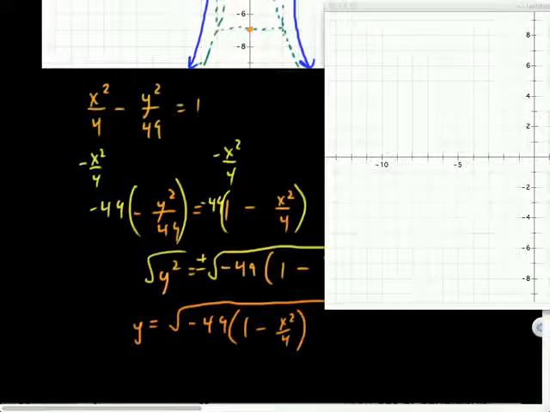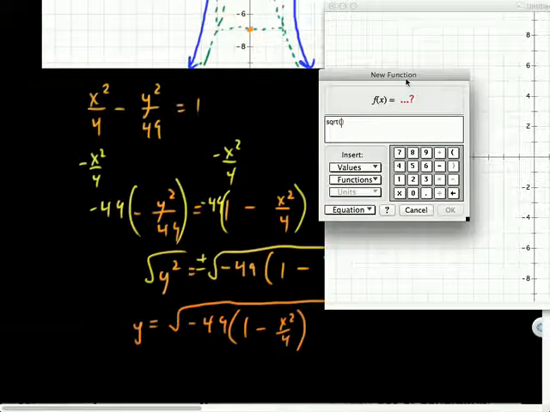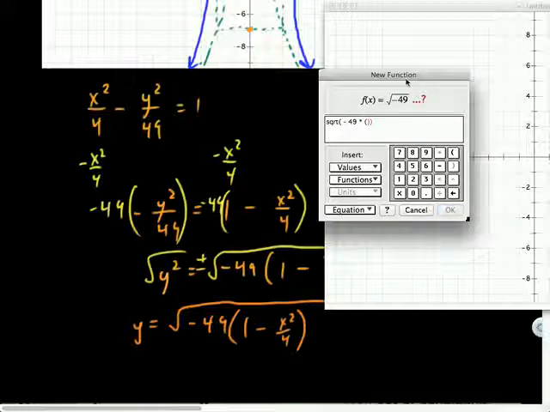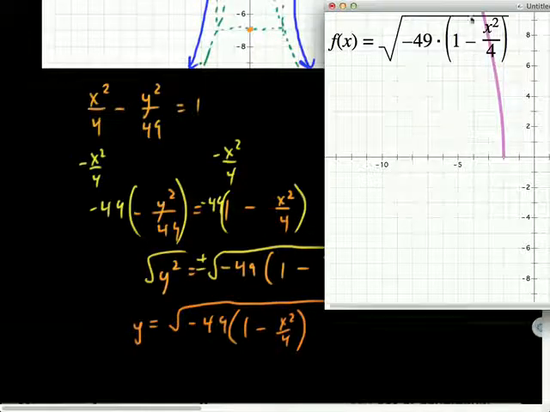So I'll have to enter in the square root of negative 49 times 1 minus x squared over 4. And it looks like I've got the right thing. If I graph this, this is the positive square root, or the principal root. It's going to graph the top half of this hyperbola.